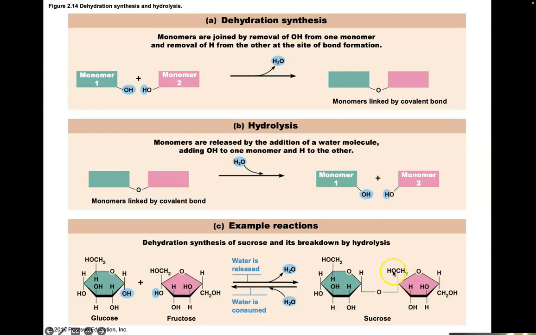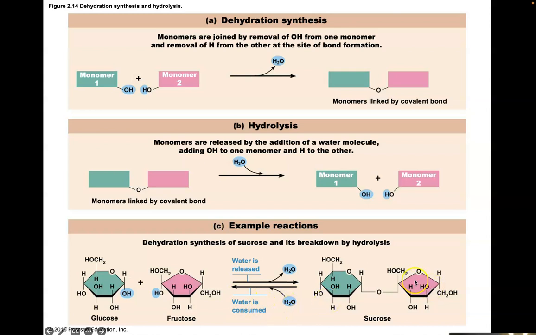Okay, now when you want to do the reverse and break down this bond in sucrose, because you just ate some sugar, your enzymes want to break down these more complex sugars into simple sugars. So again, we can use the energy in those bonds. As you break this down, you're going to do hydrolysis, literally hydrolysis, right?